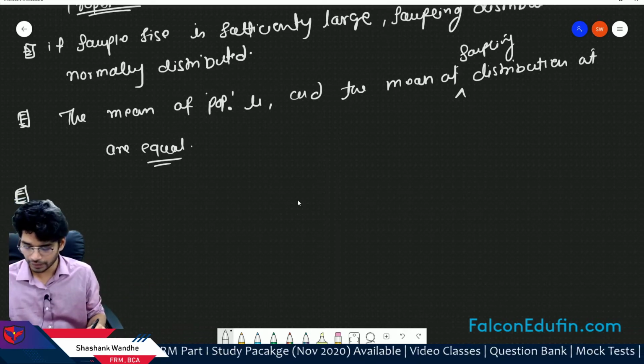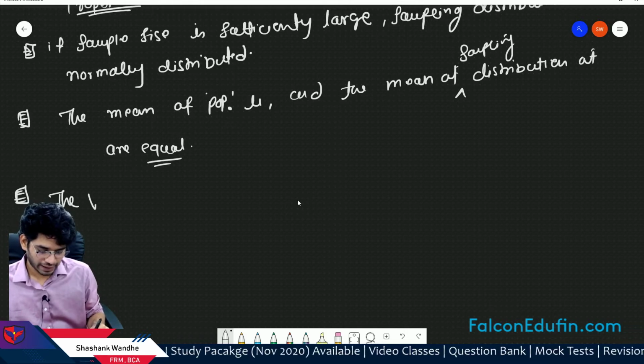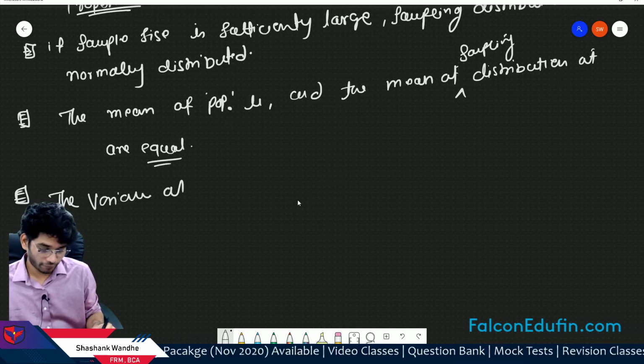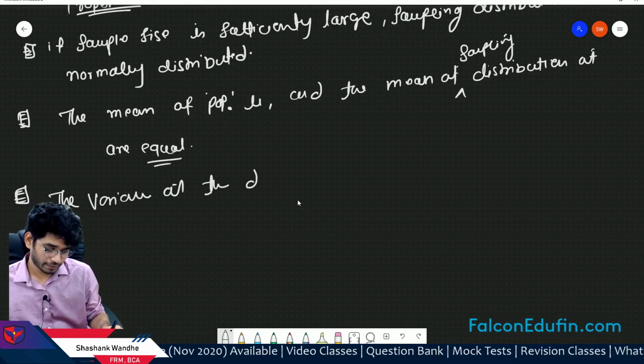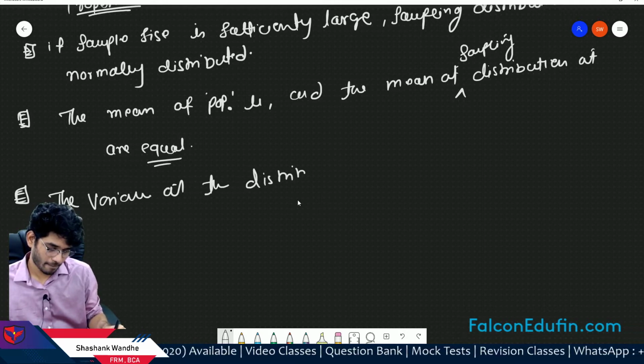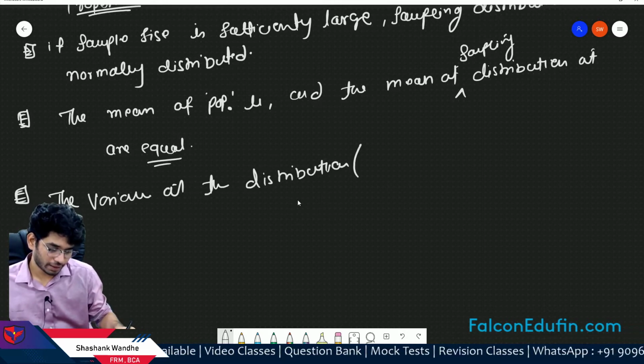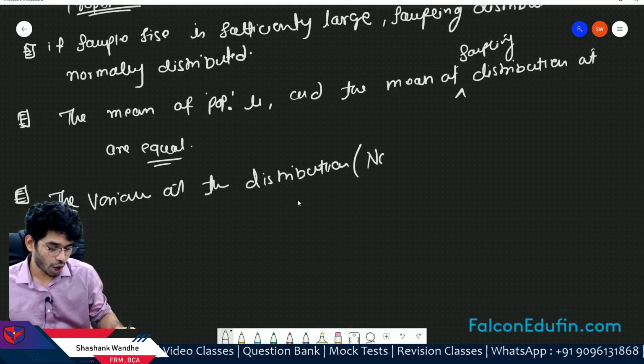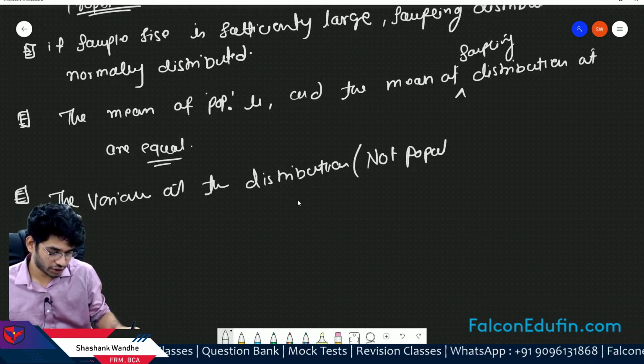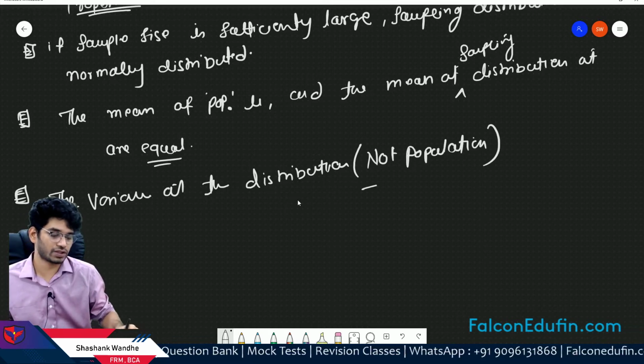N is important here. And then the variance of the distribution, remember, I am adding my statement, not of the population. Always remember this, not population.